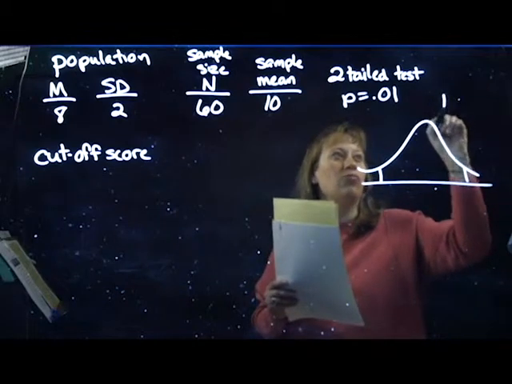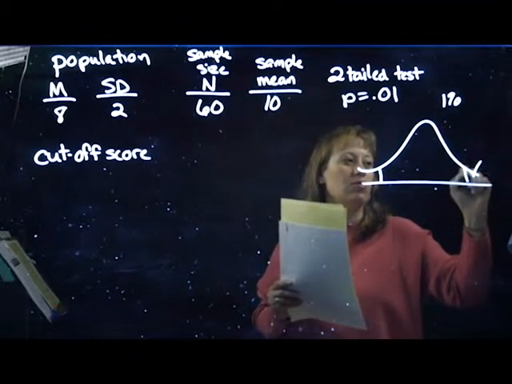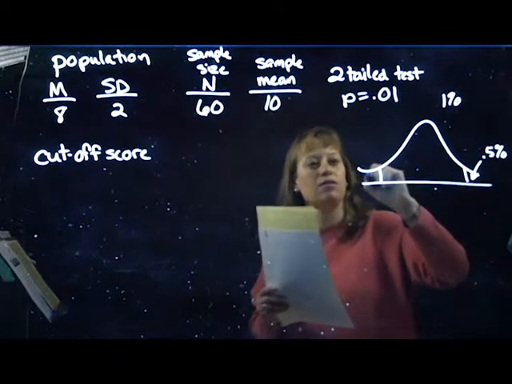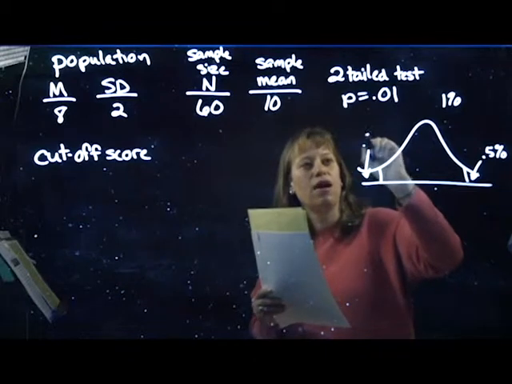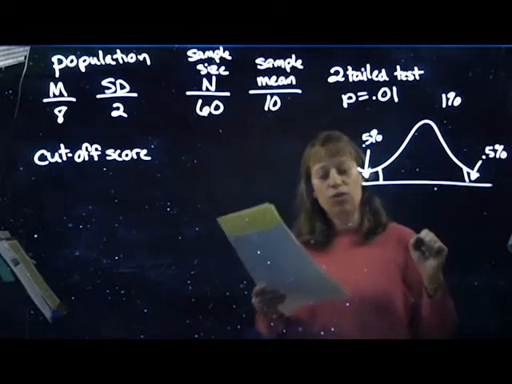So we're taking 1% and we have to divide that into 0.5% and 0.5%. So 0.5% and 0.5% is 1%.